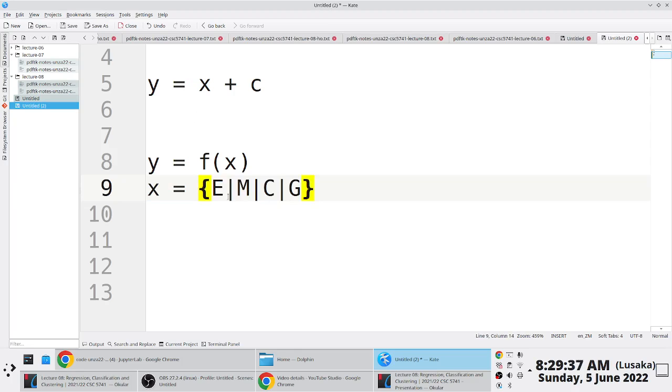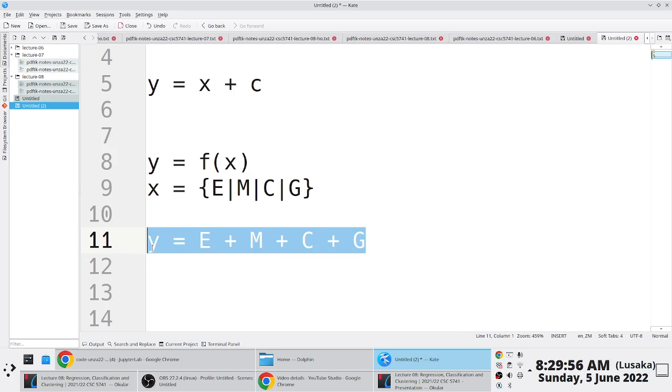The transformation would entail employing one-hot encoding. And so when we one-hot encode this, we would be faced with a situation where we would have the variables E, M, C, and G as well, right? So you notice that it gets somewhat complex.